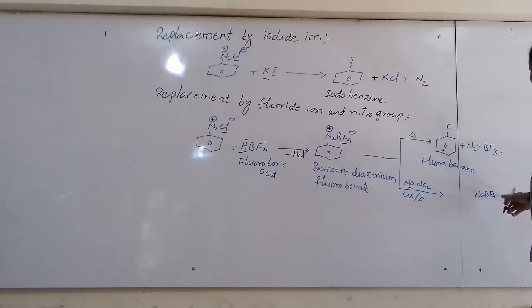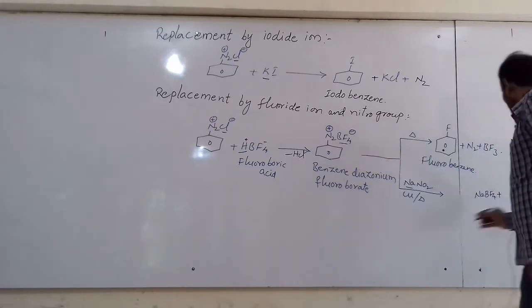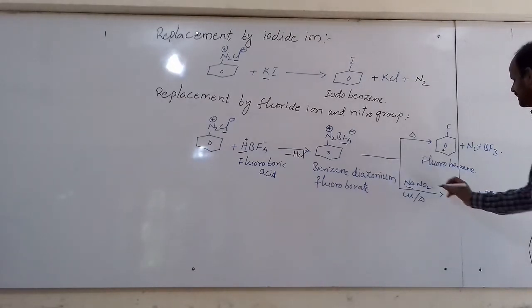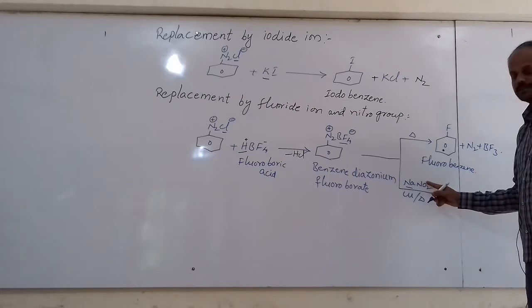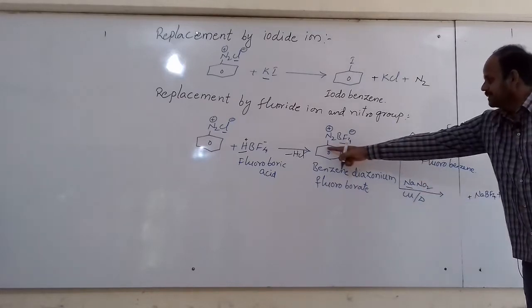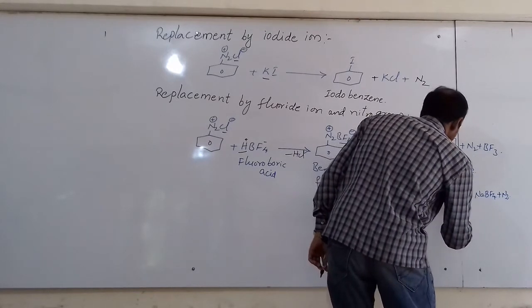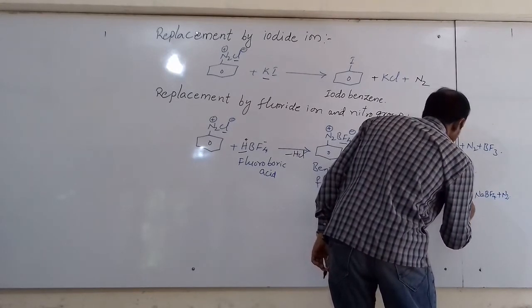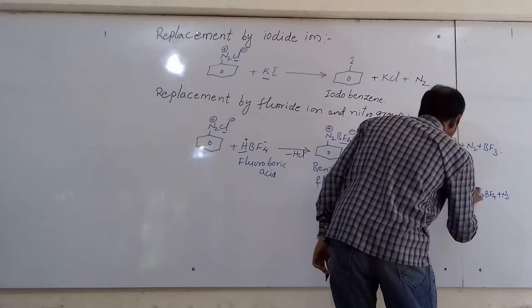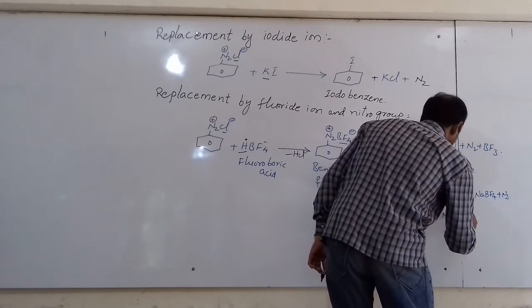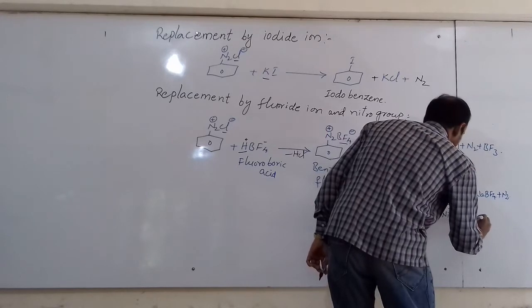The diazonium group is removed as N2 gas. Then NO2 minus attacks the benzene, and we get nitrobenzene.